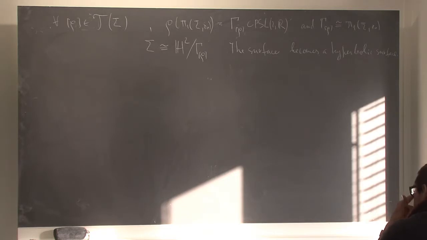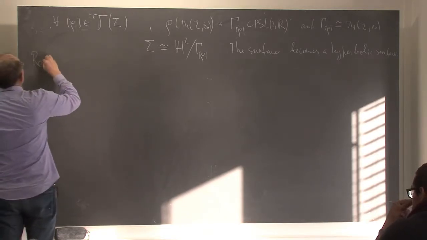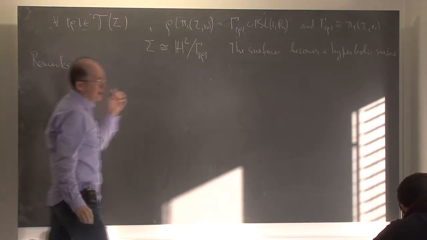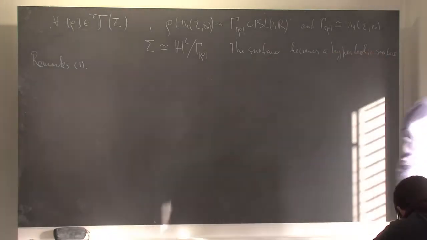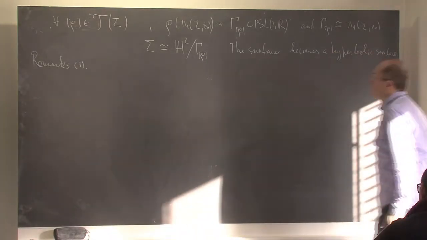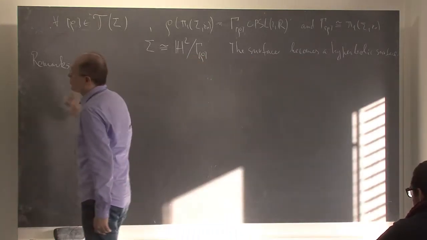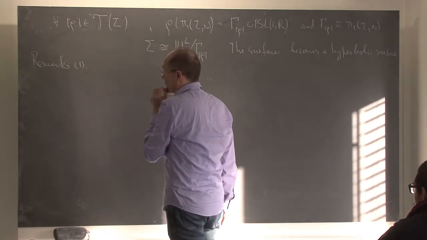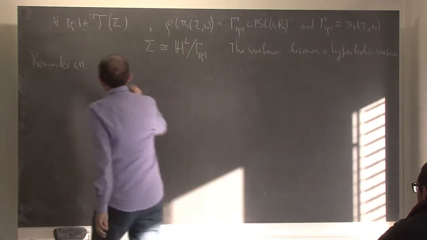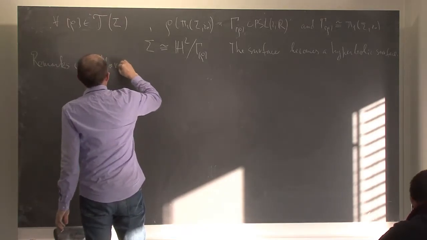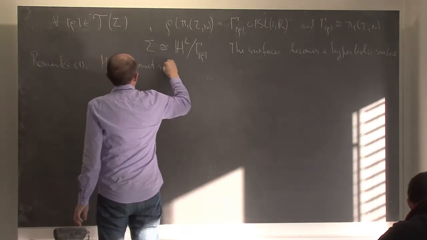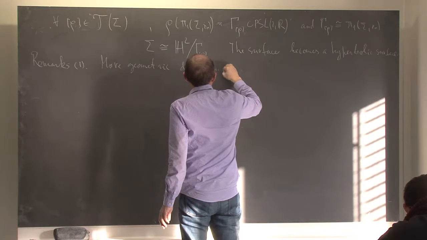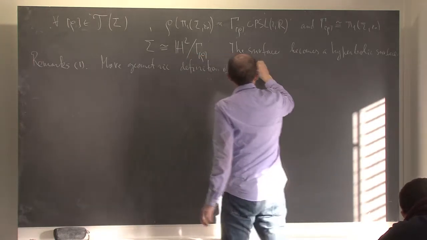Yeah, and then maybe I should make a remark, maybe two remarks, concerning the very different interpretations of the Teichmüller space. There is one which I'm going to mention here, which is more geometric. Here we just used the representation theory. So the more geometric definition of Teichmüller space is as follows.